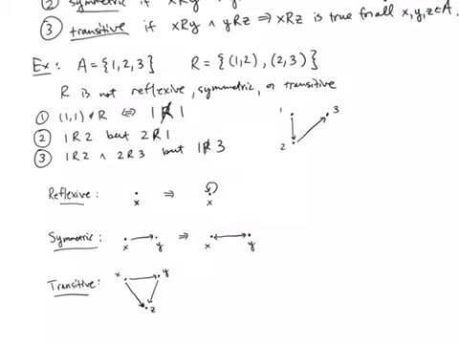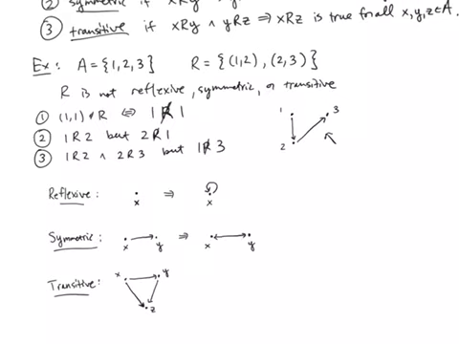Okay, so we can see immediately in our example up here that we have some problems if we just look at the picture, right? Because we have dots without the loops at them, so we don't have, say, this loop at 1. So our relation can't be reflexive. Our arrows are not double arrows, so this can't be symmetric.